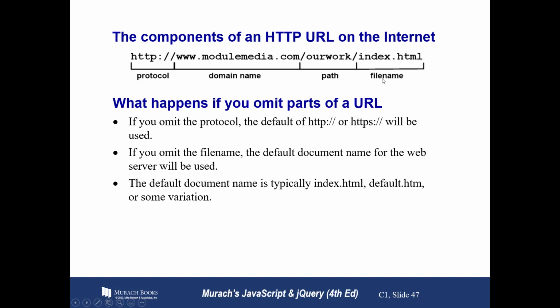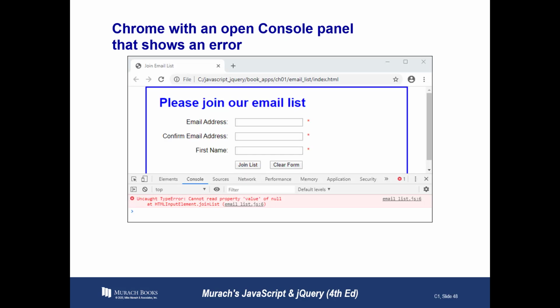If you don't put in a path or a file name, typically it defaults and looks for a file named index.html. If it doesn't find that, it looks for index.htm. If it doesn't find that, it looks for default.html. If it doesn't find that, it looks for default.htm, etc.